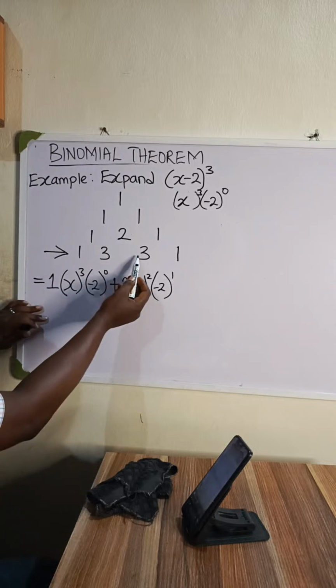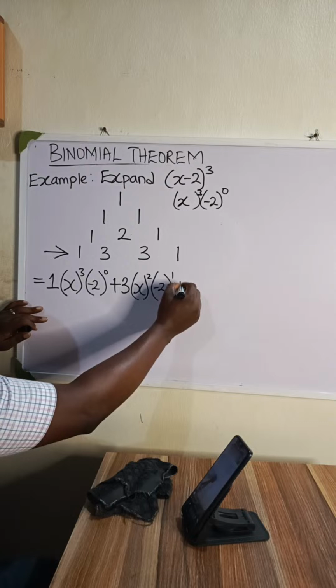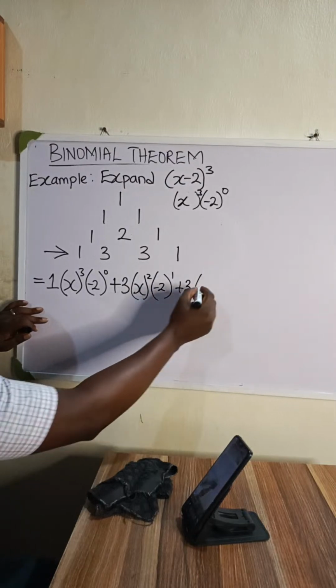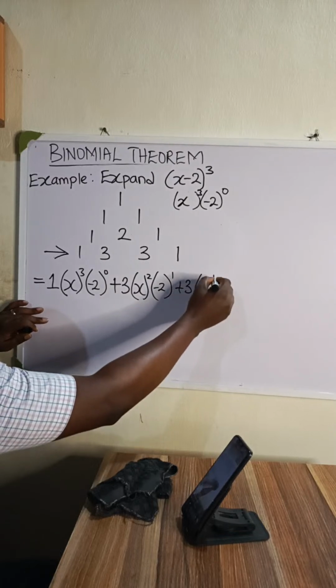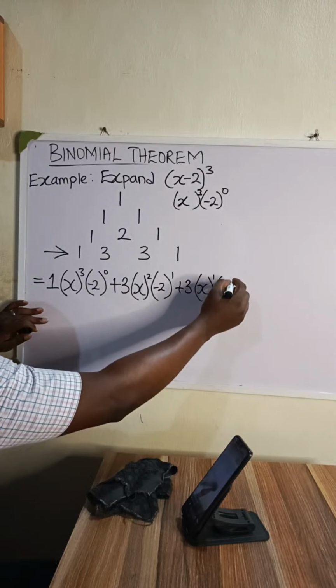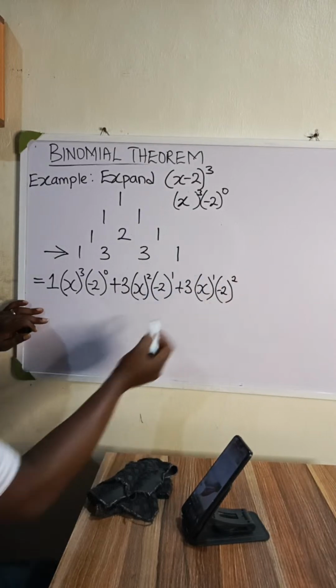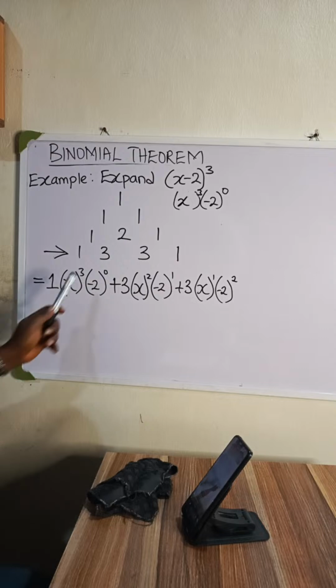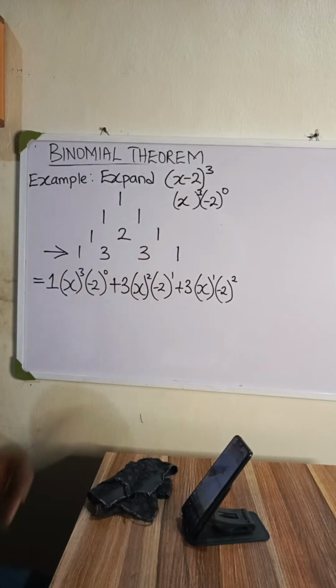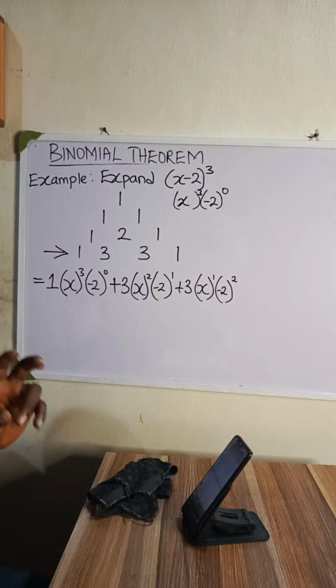Next, we go to this plus 3 into the exponent of x is going to reduce more. So x to the power of 1, minus 2 to the power of 2. So at all times, when you sum the two exponents, they must give you 3.